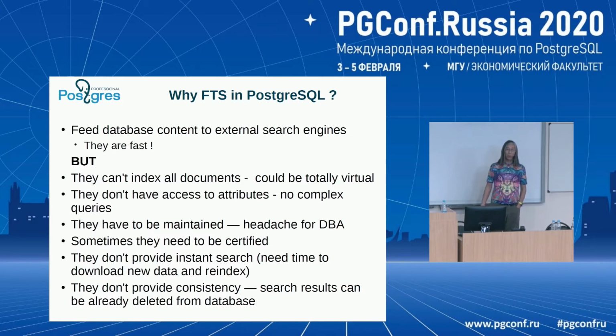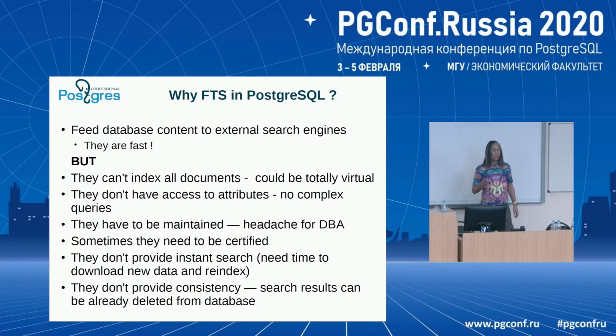And now, the most tricky question: why do we need FTS if we have other external engines, and these engines are quite rapid? You can use Elasticsearch, it is fast, it is scalable, there is Sphinx, and so on. But as I said, there are a lot of situations when you need an embedded engine.